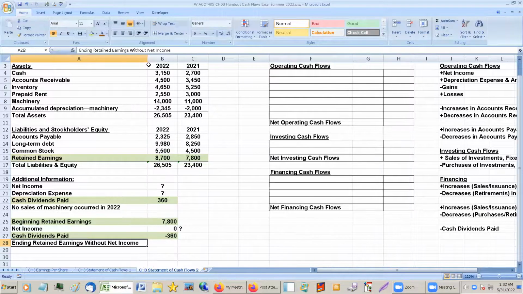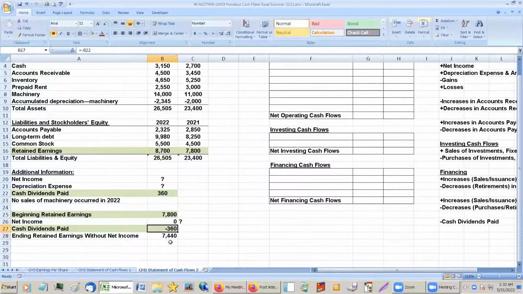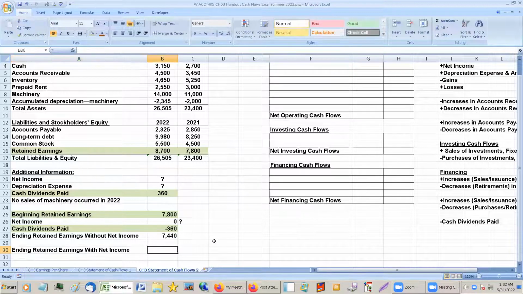So now, we actually have our ending retained earnings with net income is 8,700.